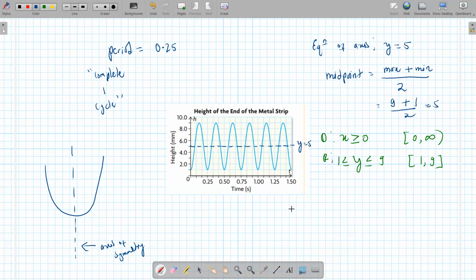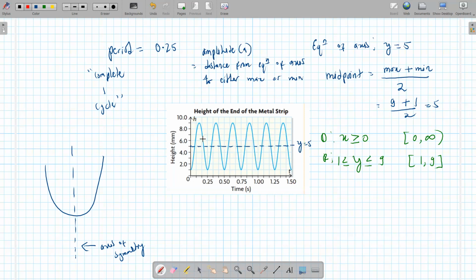Next, these functions have something called an amplitude, which is denoted by A. An amplitude is the distance from the midpoint, from the equation of axis line, to either the maximum or the minimum. It doesn't matter which way you go. So what's the distance?